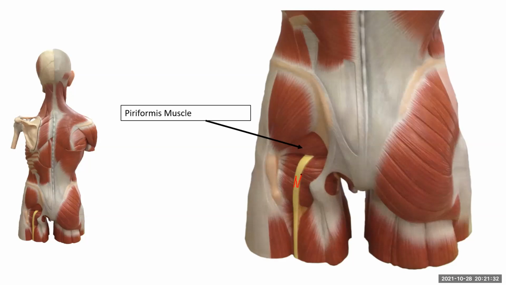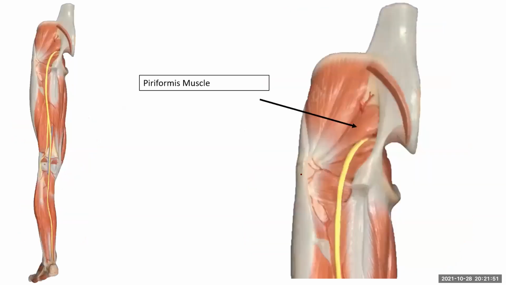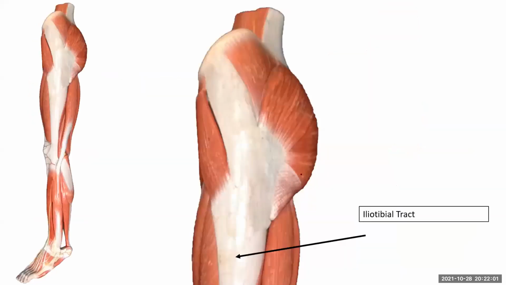So there's a condition called piriformis syndrome: when that muscle goes into spasm, or becomes hypertrophied for whatever reason, it can press on the sciatic nerve and cause sciatica-like symptoms. People often confuse it for sciatica, but it could be a case of piriformis syndrome. Here you can see the piriformis muscle, again superior to the sciatic nerve as it exits and goes into the posterior portion of the thigh.